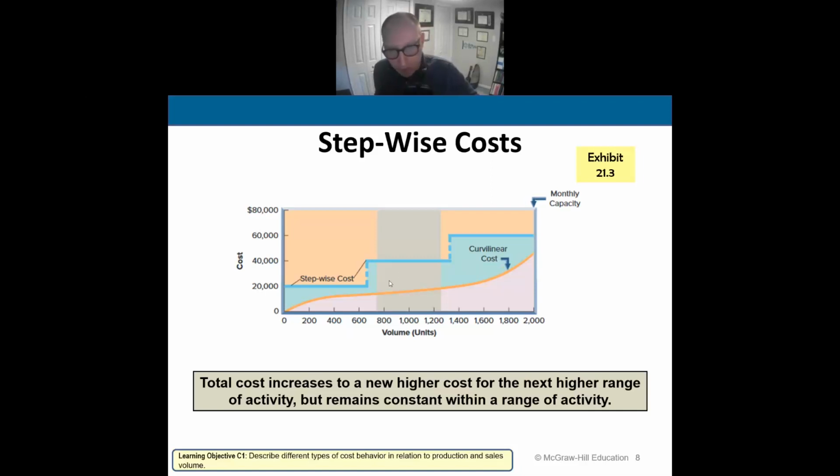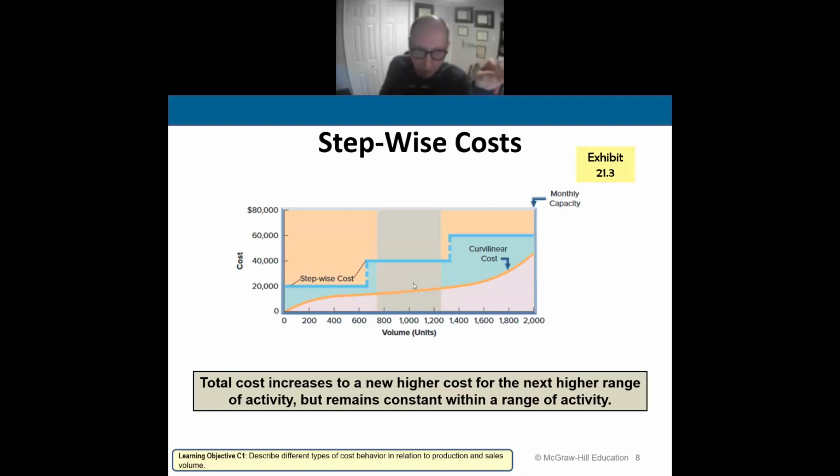This other one's weird, okay? This is called curvilinear cost. Curvilinear cost is kind of like a wave. It has curves in the line. And what this does is it shows us how costs increase based on the levels of production when there's plateaus.